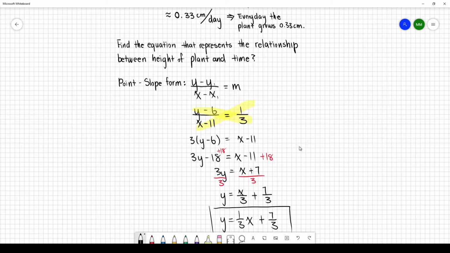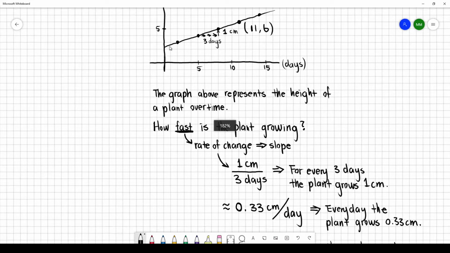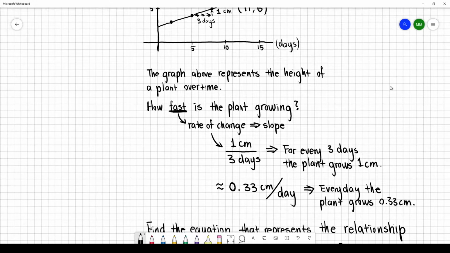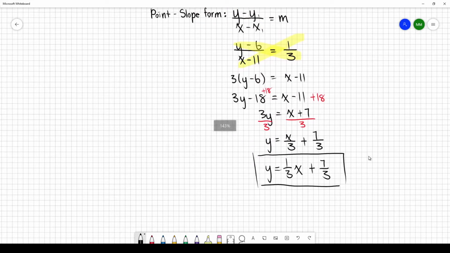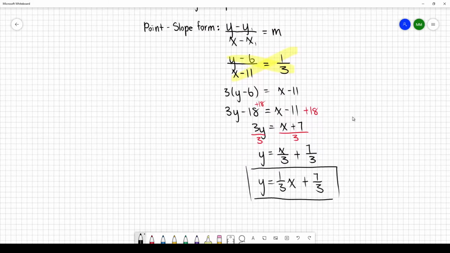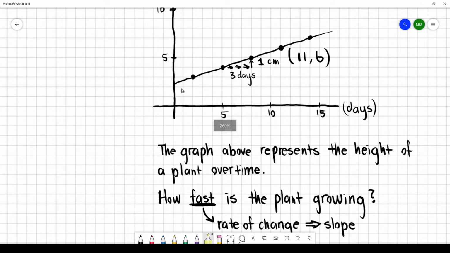I said with the graph, you don't know what the y-intercept is. You cannot just look at the graph and say it's 2 or 2.5. It's 2.33, around there, 7 over 3. So on the graph, this is represented right here.